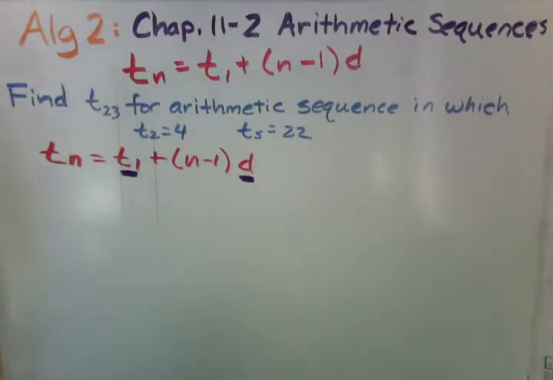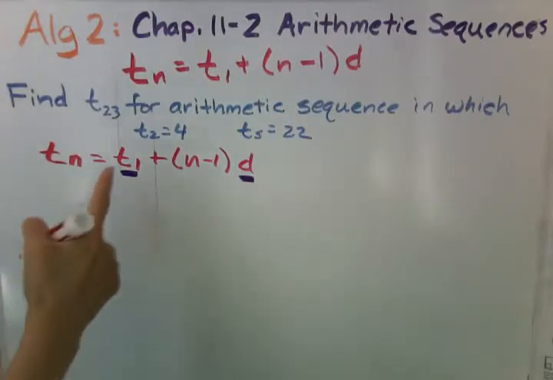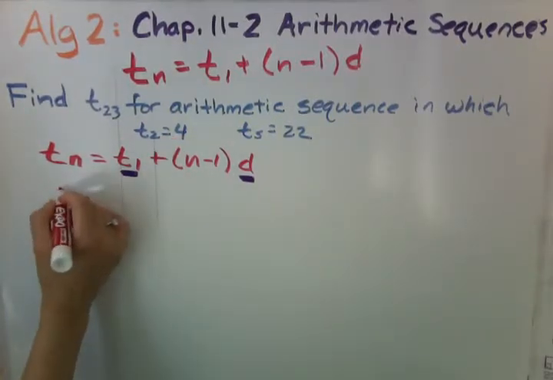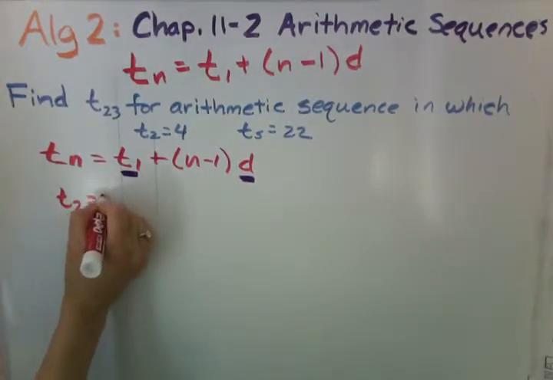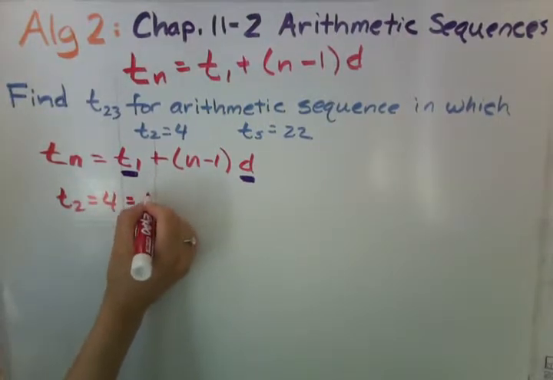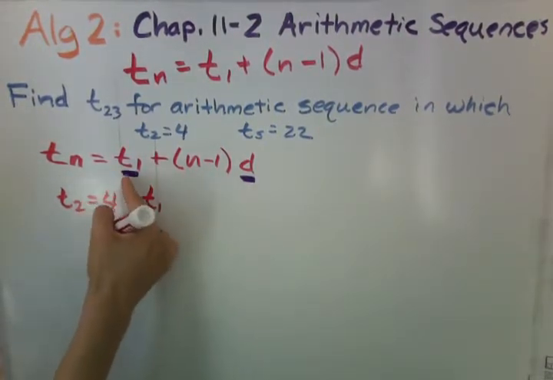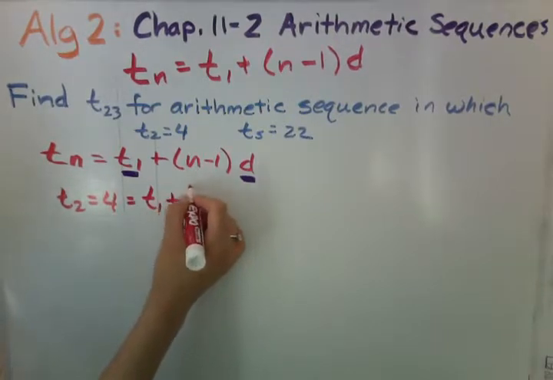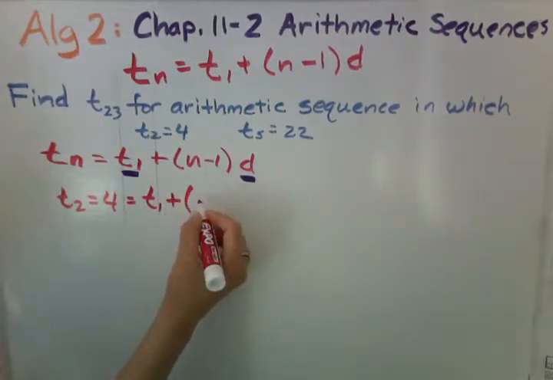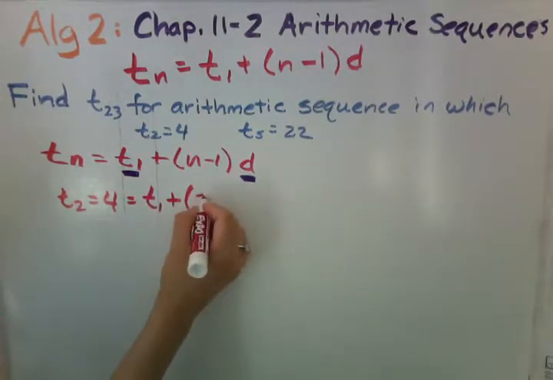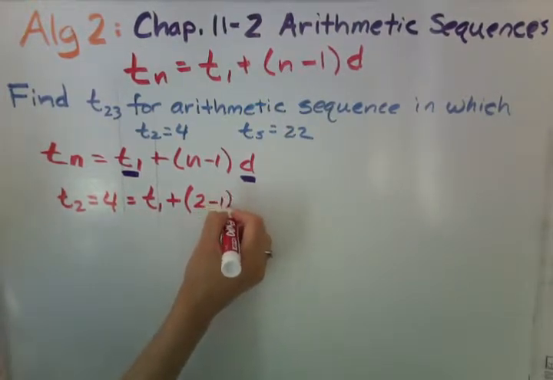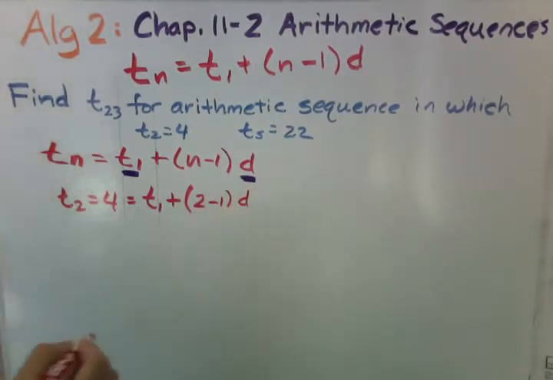So we can only use what's given. So we know that the second term, which is equal to 4, is equal to the first term, and I'm just using the same formula, plus n, and we know that this is the second term, minus 1 times d.